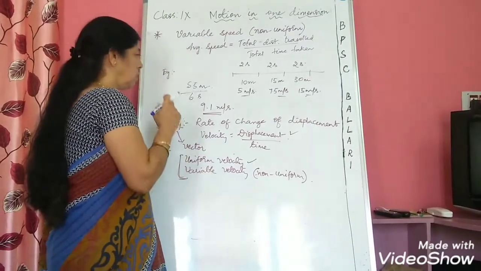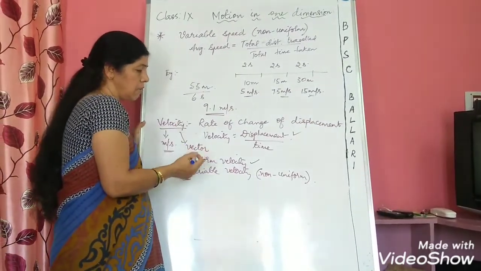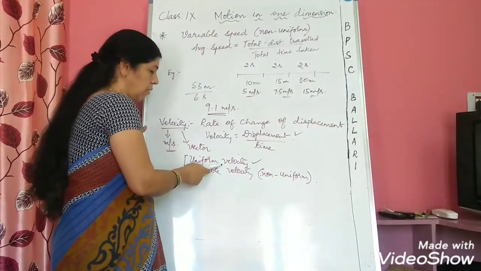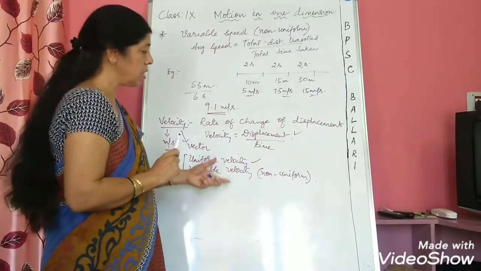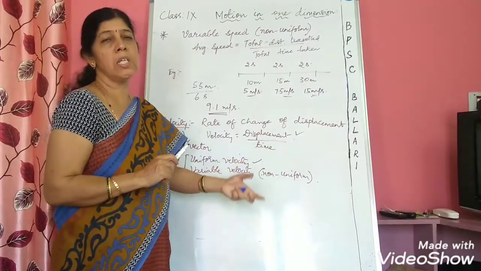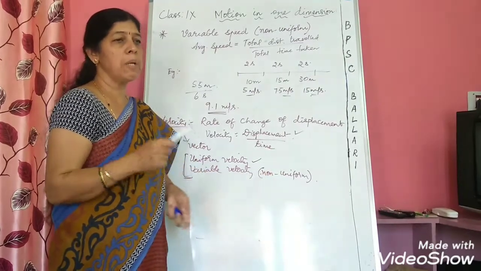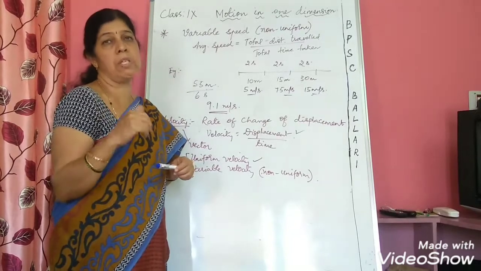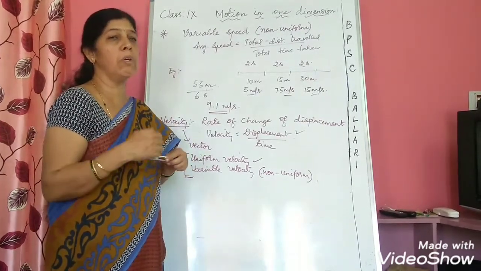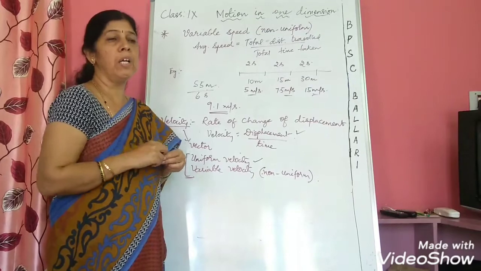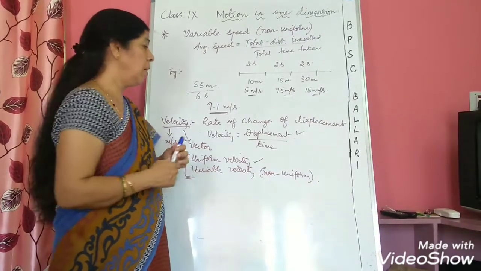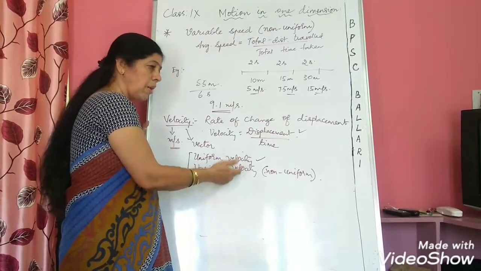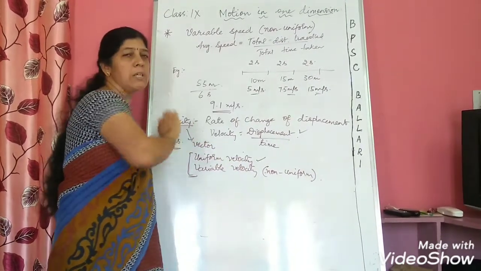Now, sometimes when the body is traveling, velocity can be zero, positive, or negative, because its velocity might increase or decrease. Even when you are going on a two-wheeler or a four-wheeler, your velocity will be changing, and remember that velocity can be zero, positive or negative, but speed is always positive.